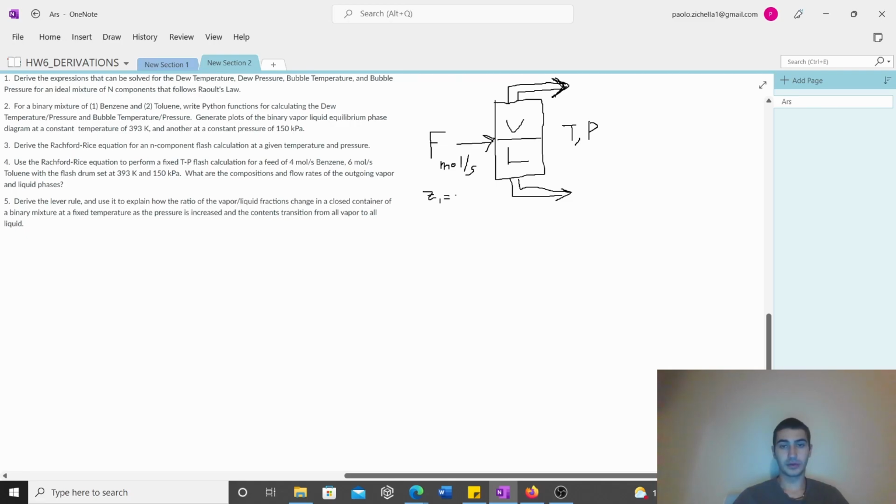Later on, we'll be using benzene and toluene, meaning that for 10 moles per second, benzene goes in at 4 moles per second and toluene goes in at 6 moles per second. So this is a flash calculation, or a flash drum, and how it works.